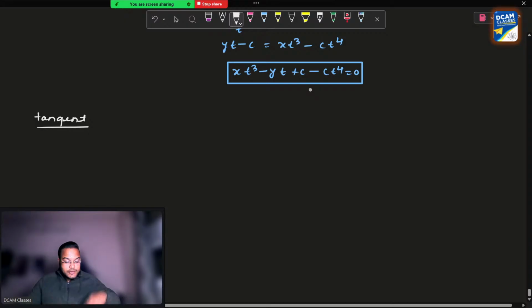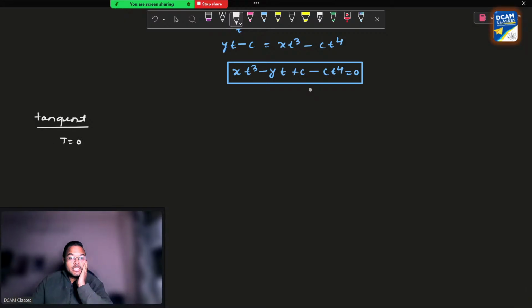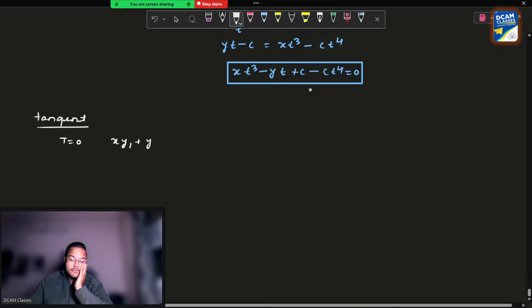That S1 we say, na? Tangent T is equal to 0 at x1 y1. That is x y1 plus y x1 is equal to 2c square.